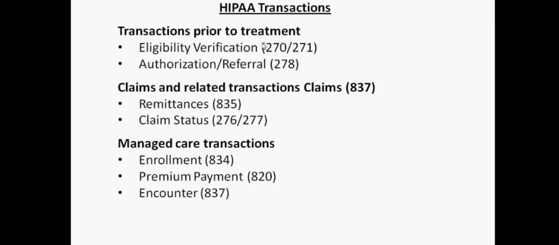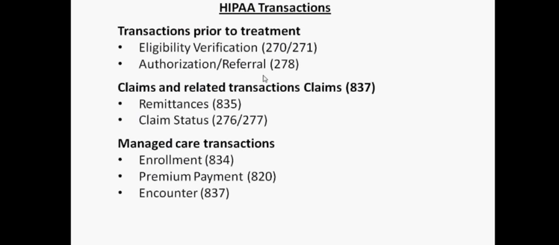You seek an appointment, and then the provider will immediately call the payer, or go online and check the verification, whether you are an active member, etc. And if you are seeking any service or some referral, they will check, do you have any referral? Are you authorized? So these are the transactions used.